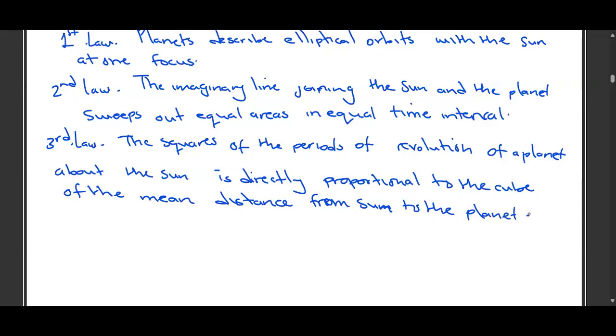That is the third law. The squares of the periods of revolution of a planet about the sun is directly proportional to the cube of the mean distance from the sun to the planet. That is Kepler's third law of planetary motion.